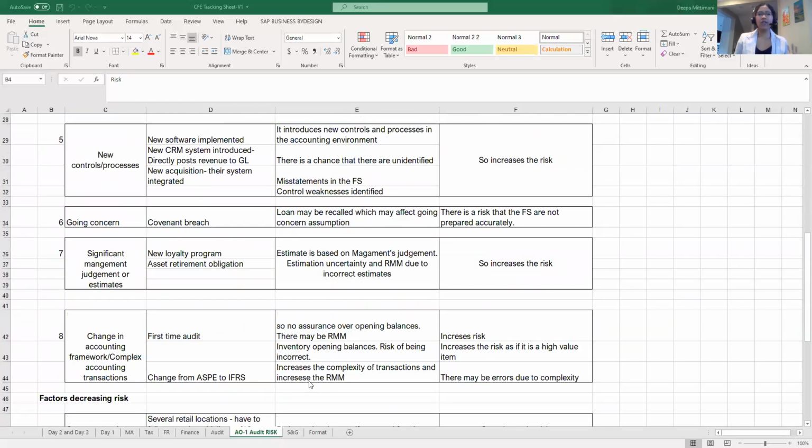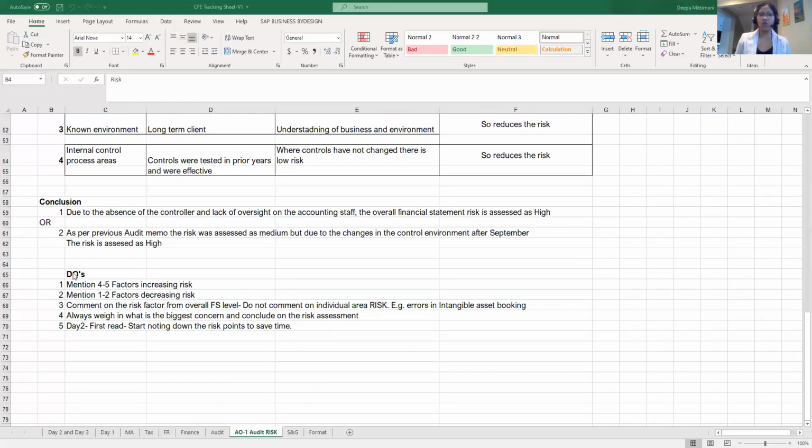If you see the feedback guide for any assurance day 2 audit risk AO, you will find what is required. What I have mentioned in the do's section is what is required. There should be 4 to 5 factors that are increasing the risk. Second, there should be 1 or 2 factors that are decreasing the risk. Conclude on the overall risk assessment.